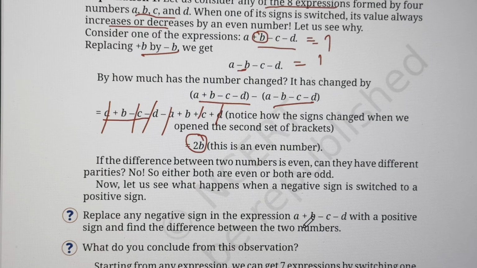Now let us see what happens when a negative sign is switched to a positive sign. If we do it the other way around, suppose it was negative and we made it positive, what will happen in that case? Let us try that also.